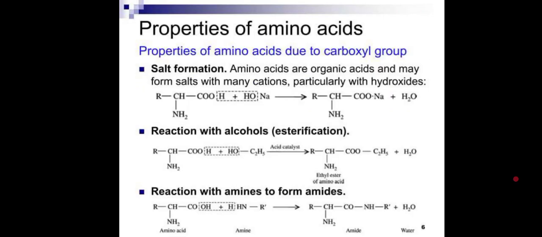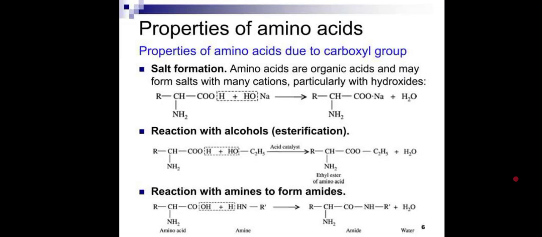Now, for one of the reactions that amino acids take part in, amino acids lead to salt formation. Like every acid, when an acid reacts with a base, it leads to what? Salt formation. So an amino acid is also an organic acid and reacts with a metal hydroxide to form a salt, with the release of water.